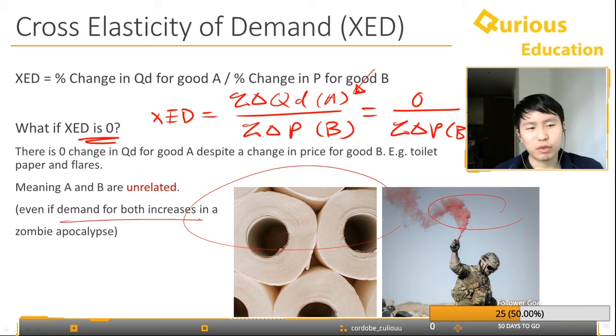So even if the demand for both products might increase in a zombie apocalypse because we love hoarding toilet paper and we need flares to signal to the military that we're still alive, those two goods would still be unrelated because the consumption of one of them would not cause you to consume the other. Simply put.